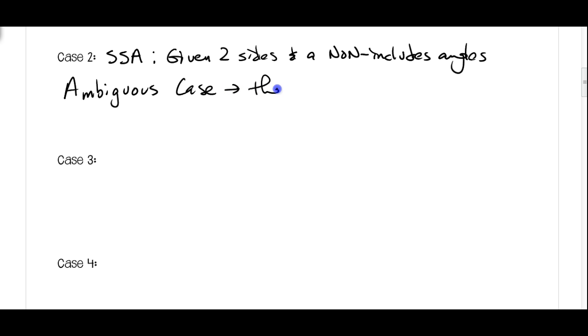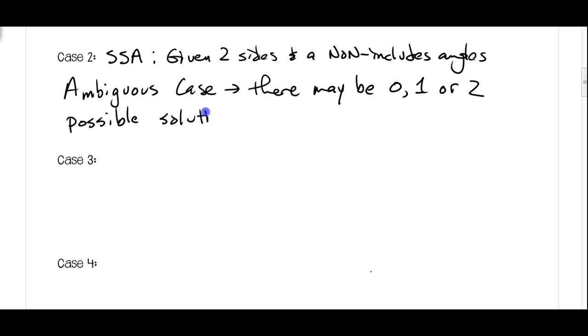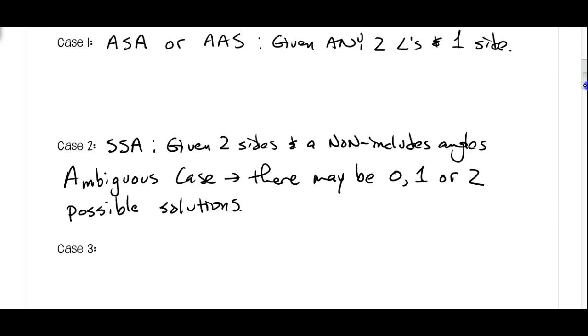And there may be 0, 1, or 2 possible solutions. Alright, and we'll talk in another video about how to figure out whether there's 0, 1, or 2 solutions. So that's case 2, and section 6.1 is really going to be dealing with these 2 cases.